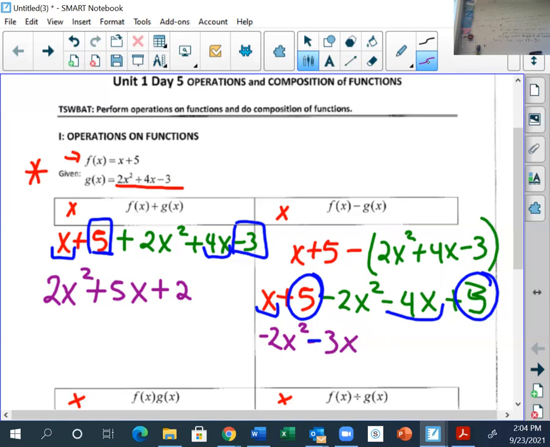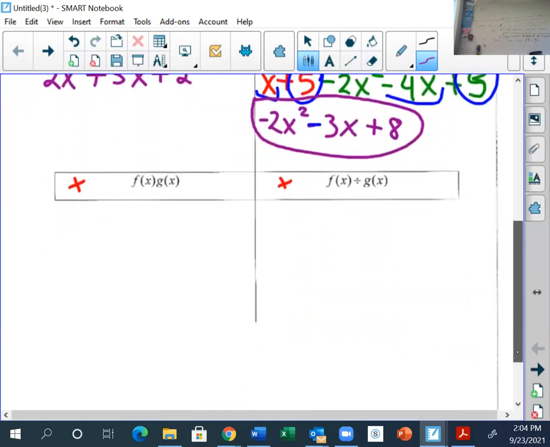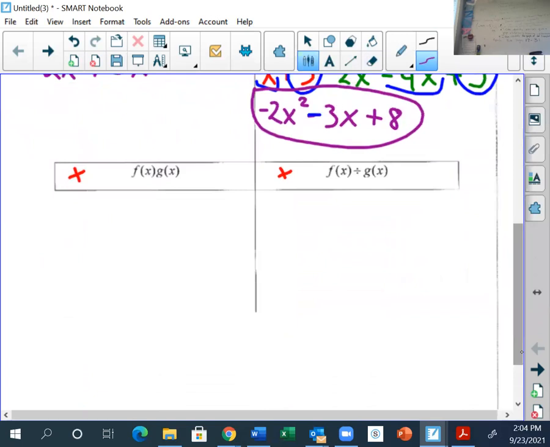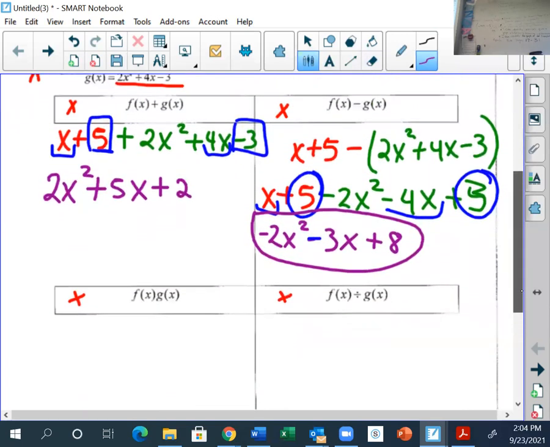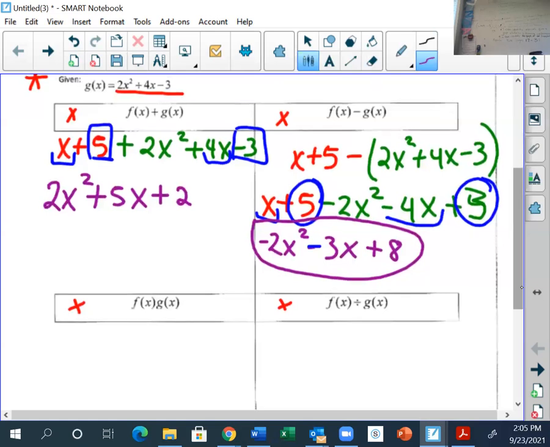And then I have 5 plus 3, which is 8. So this is what we get when we take f of x minus g of x. The key is, if you're subtracting, make sure you are distributing that negative.